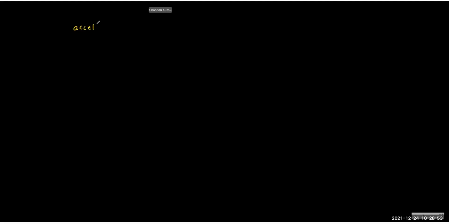So, acceleration analysis on a curvilinear path. Now I will not take any complex curvilinear path. I'll just take the circular path. So what does it mean?